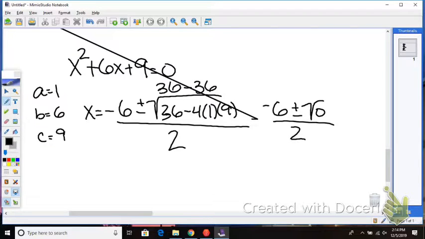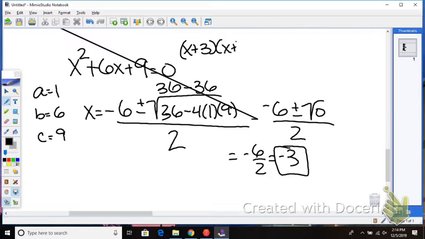So -6 plus 0 is -6. -6 minus 0 is -6. So we're just left with -6 over 2, which is -3. And if I were to factor this, we would have x plus 3, x plus 3. So I get x equals -3. Sweet. So both ways work.